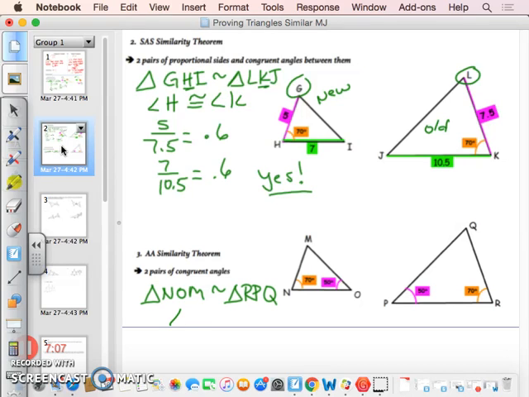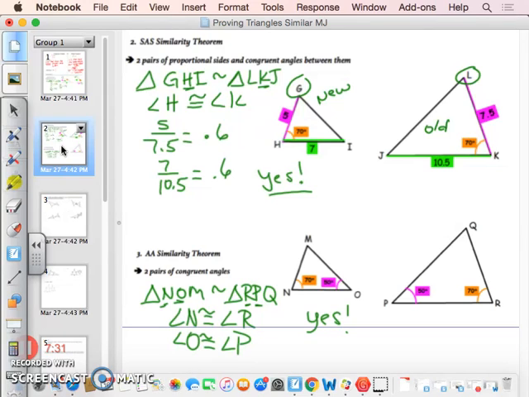And I know this because angle N is congruent to angle R, and angle O is congruent to angle P. And when I name them, you can see that those are in fact in the same position, so they're corresponding angles. And so I can say again, yes, these will be similar.